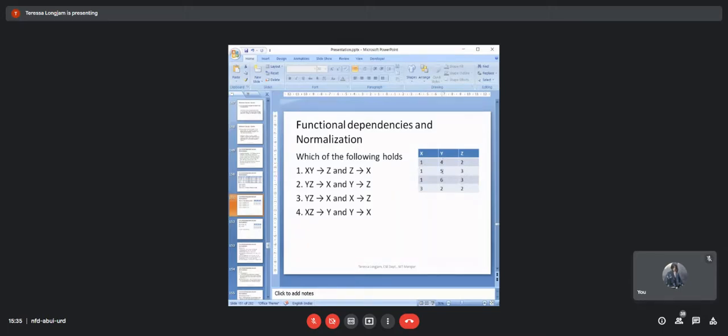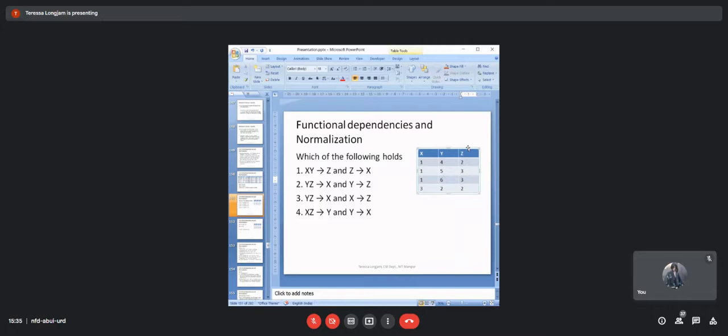If y is 5, then x is 1. If 6, it is 1. If it is 2, it is 3. That means you can determine the value of x if the value of y is given, because you have unique values of y.